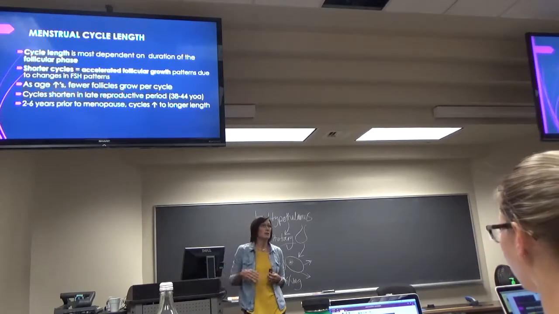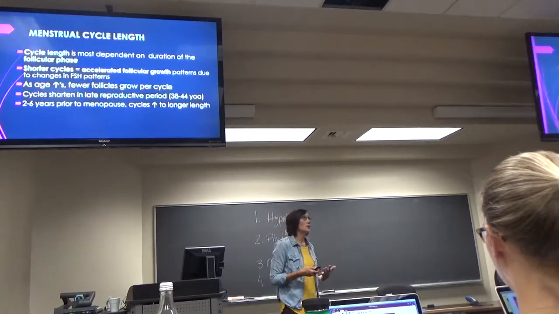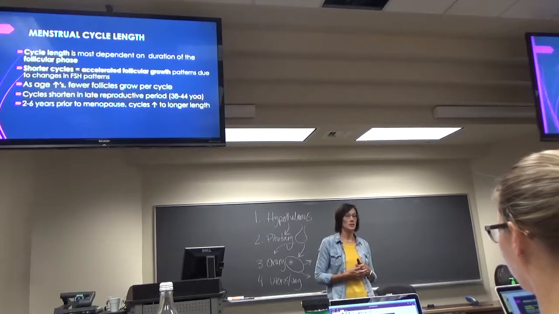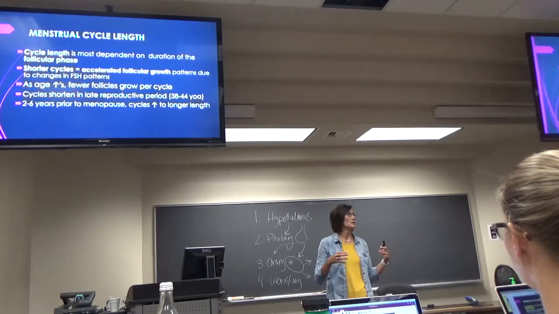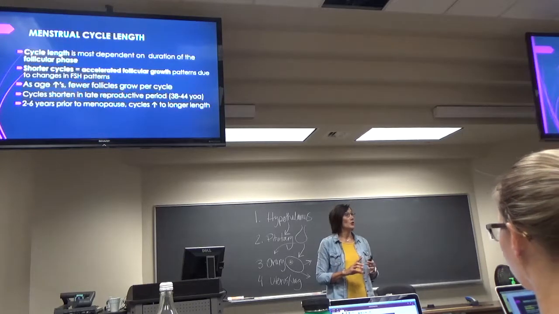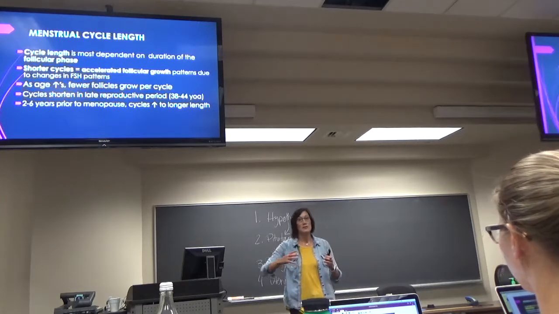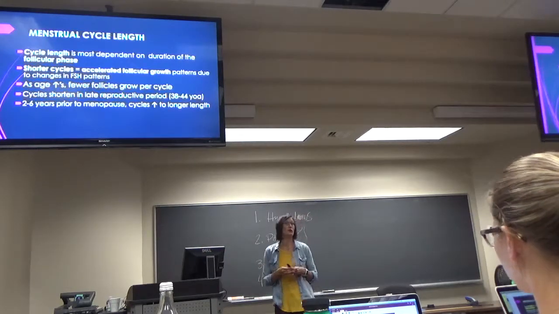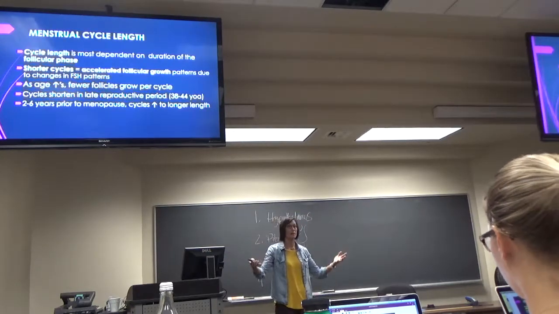We have a physician coming to talk about menopause. But as you get older, fewer follicles are produced each cycle, and so you start to get shortening cycles, lighter cycles. But then right before menopause happens, they start to stretch out and are few and far between until they finally putter out.